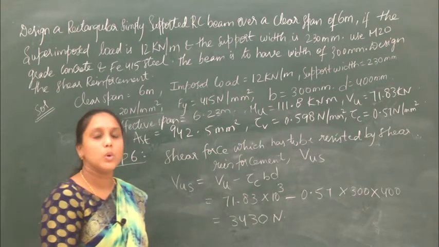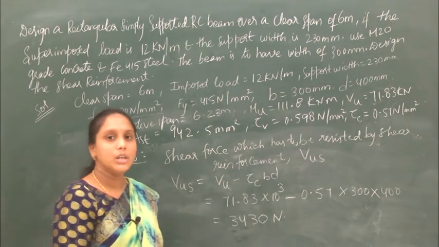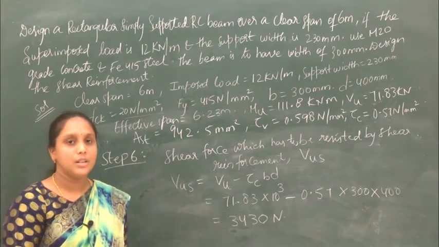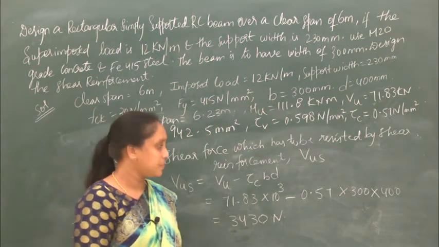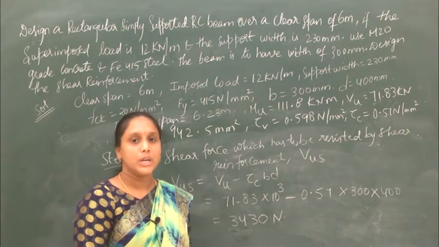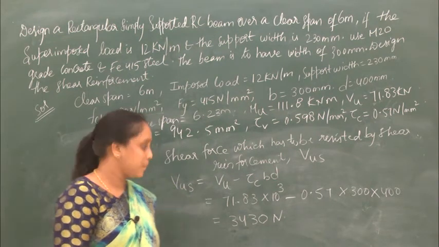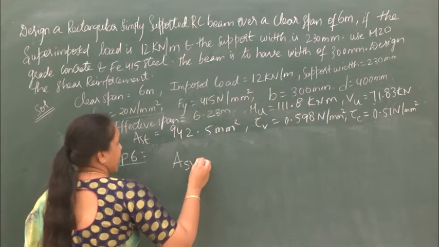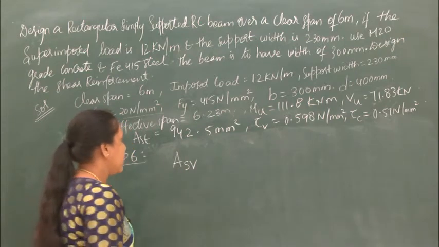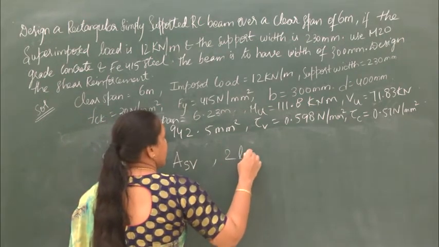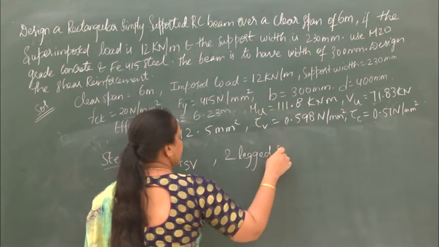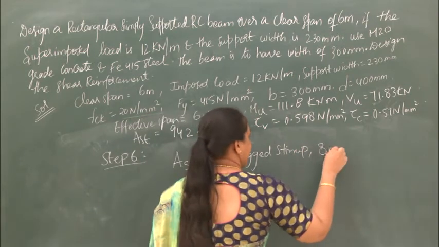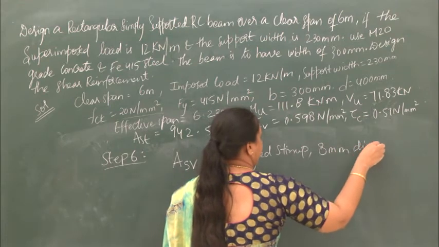So we have known the shear force. Now next what do we have to do? We have to calculate the area of the stirrups which has to be provided. So here I am providing vertical stirrups. So the area of the vertical stirrups ASV. Let us assume I am providing two-legged stirrups and the diameter of the stirrup be 8 mm.